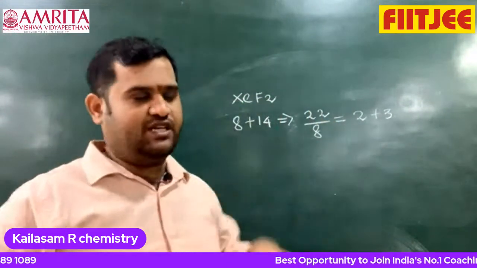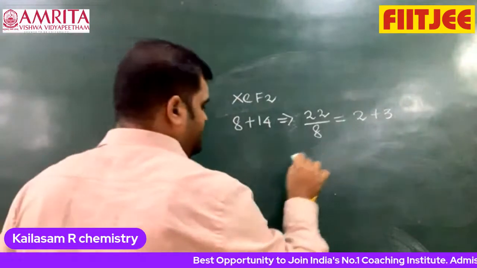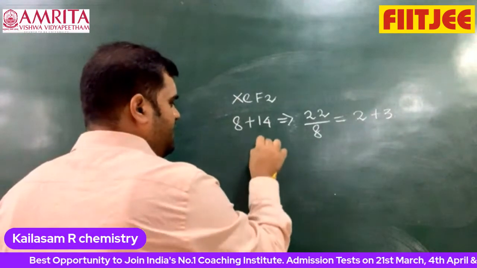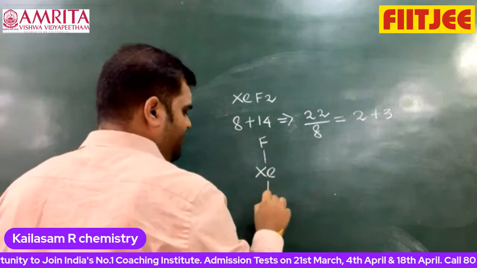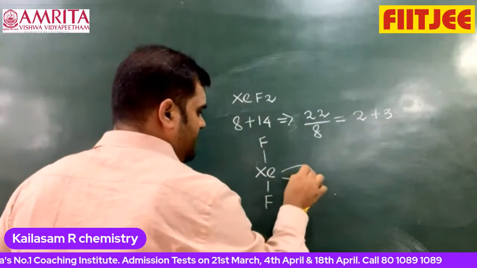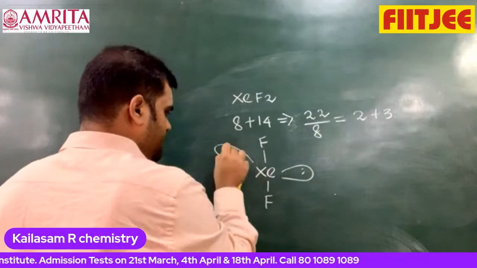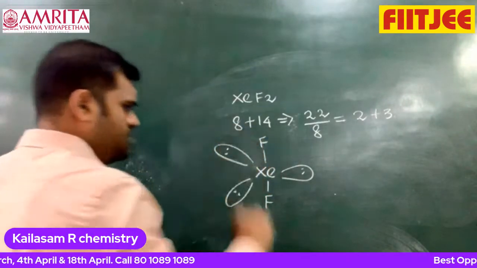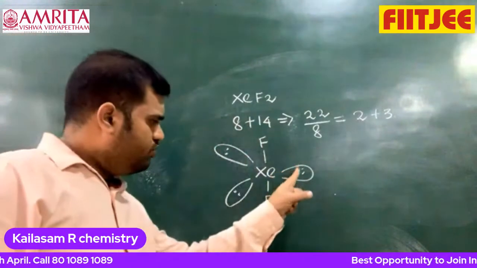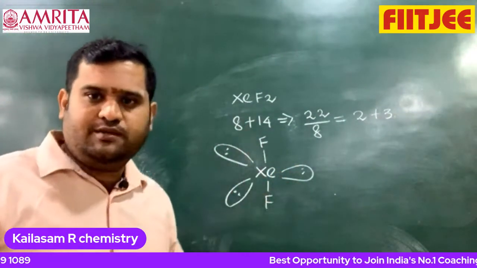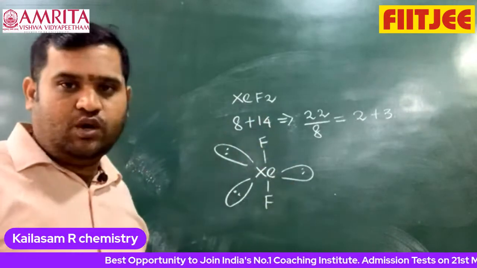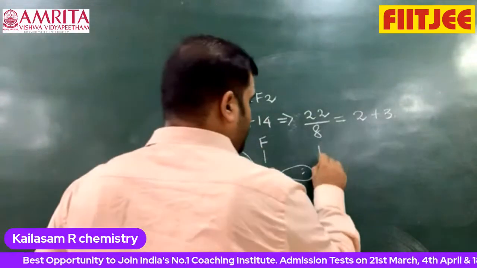Therefore, 3 pairs of electrons. So we can say Xe and F. All lone pairs occupy which position? Equatorial position. To make the geometry, the shape of the molecule is linear.